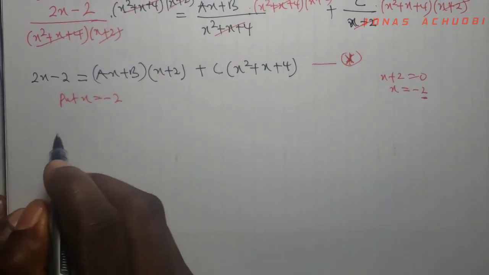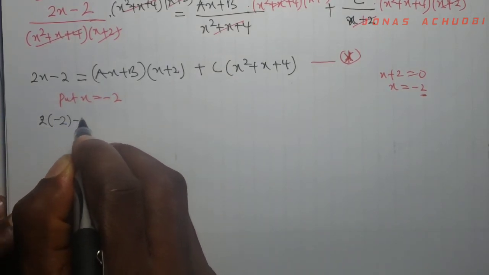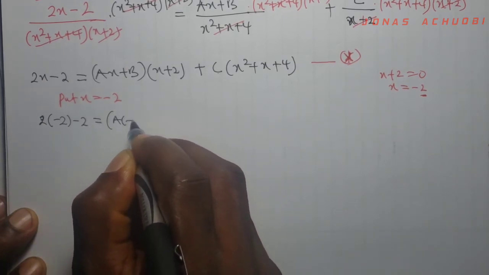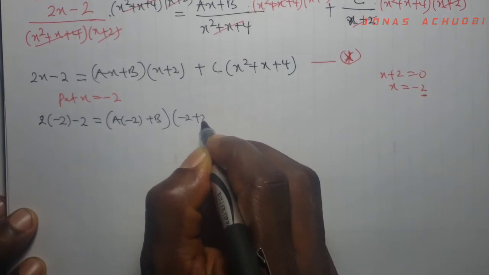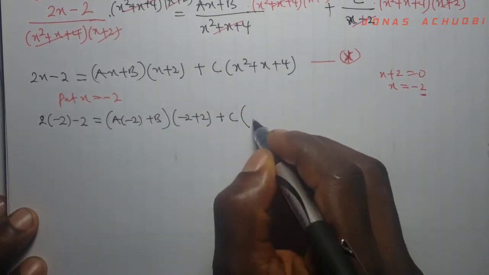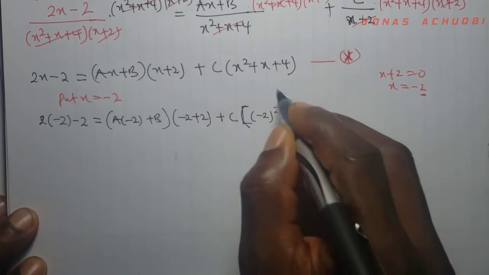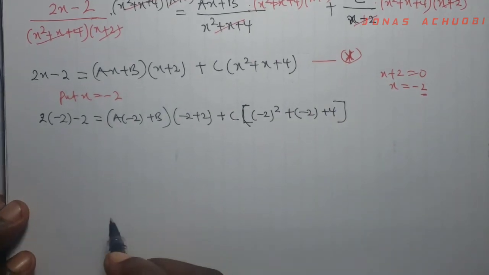So left hand side is 2, x is now minus 2. So minus 2 here equal to a times minus 2 plus b, times minus 2 plus 2, plus c into x is minus 2, so this is minus 2 squared plus minus 2 plus 4. Good.